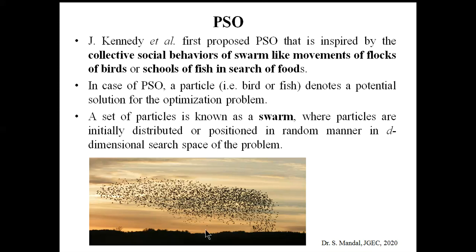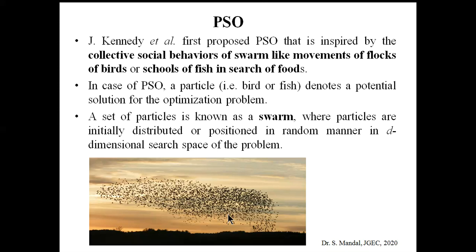You can see that in this figure, a flock of birds is moving in the sky in search of food. Okay, and they follow a certain behavior. So PSO is inspired by this kind of social behavior of flocks of birds or schools of fish.